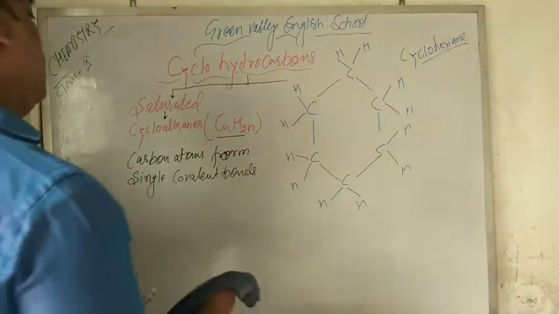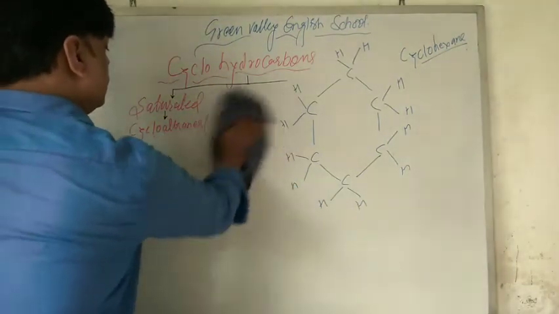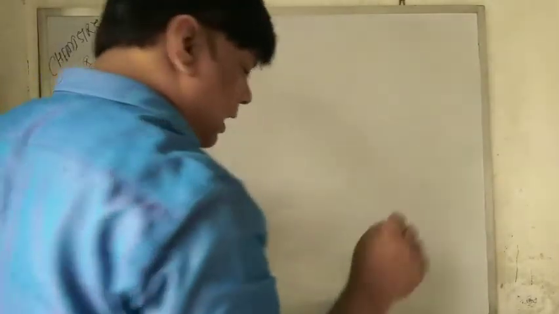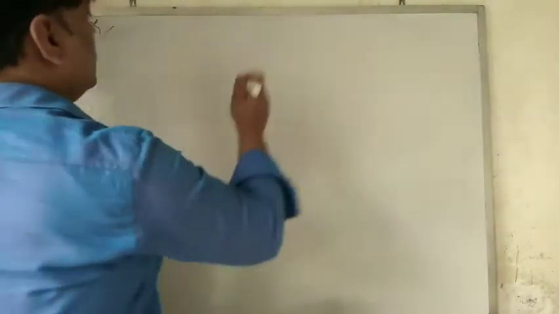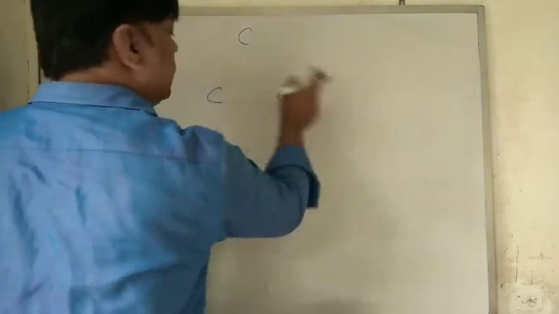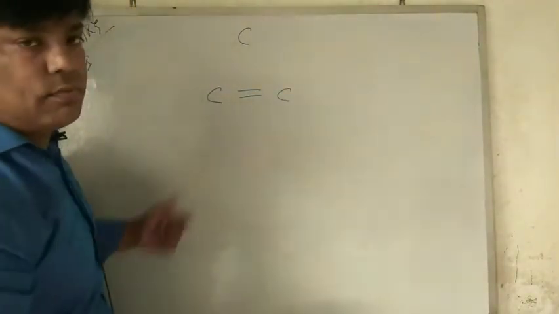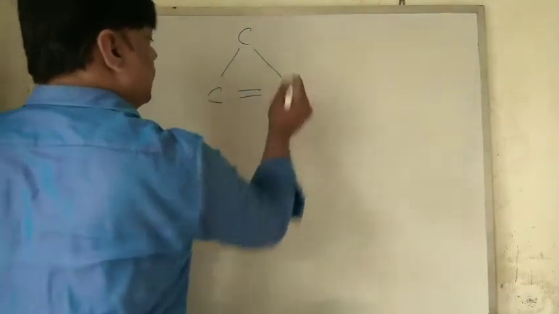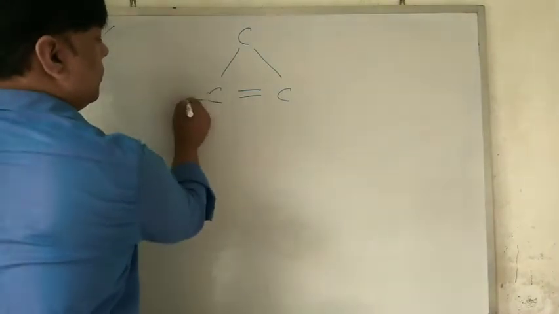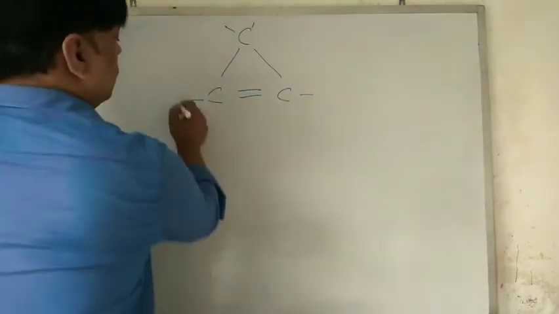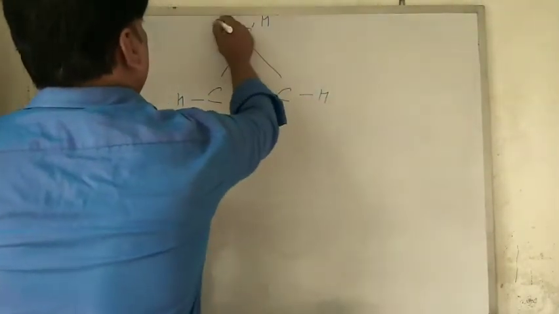Now let us understand cycloalkenes. Cycloalkenes are cyclic hydrocarbons in which there is one carbon-carbon double bond, right? For example, carbon, carbon, carbon. Make one double bond between any two carbons. That is a double bond, and the valency of carbon is 4. Then the number of hydrogens should be 1, 2, 3, 4.